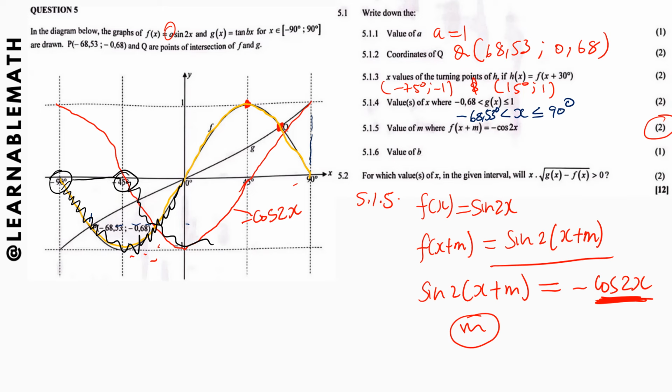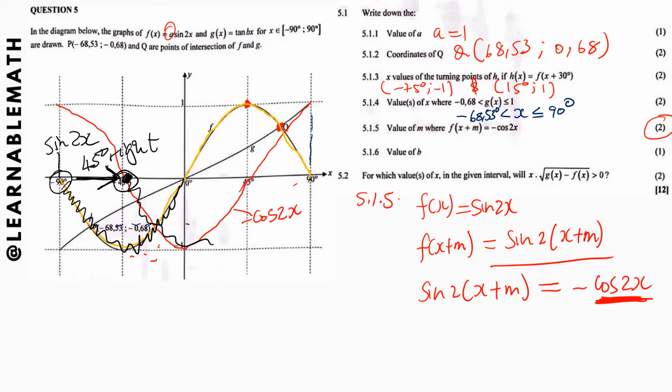Can you see? I have to be shifting the sine 2x to the right, so that it can come to this point where the cos 2x is. If you check the difference there, it's like 45 degrees, right? We have to be shifting it 45 degrees to the right.